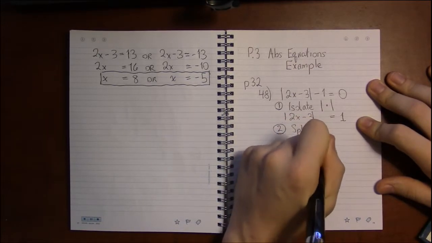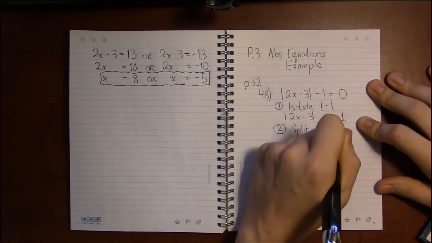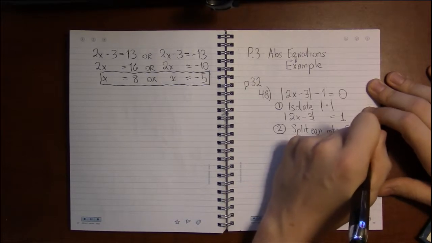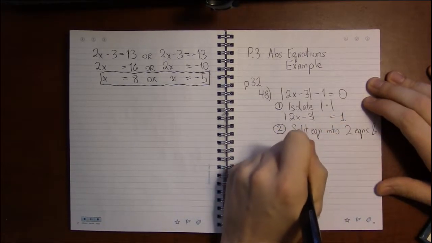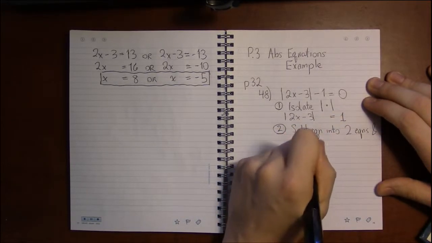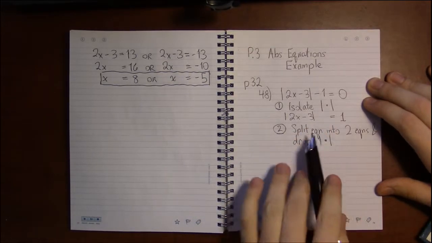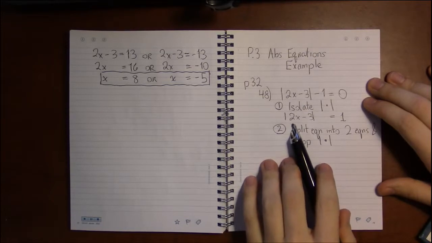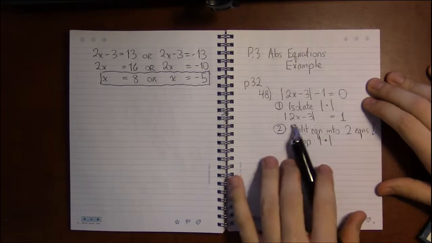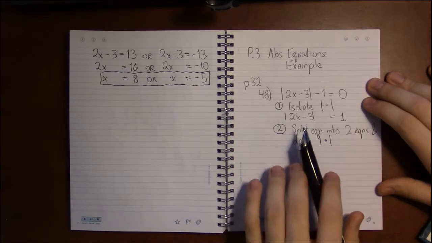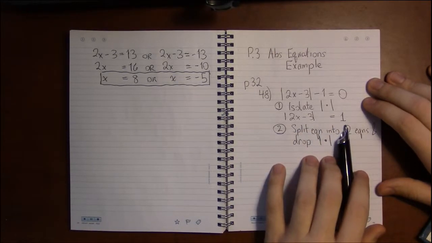the equation into 2 and drop the absolute values. Because we're asking ourselves, okay, the absolute value of what numbers could give us 1? Well, the absolute value of 1 could give us 1.